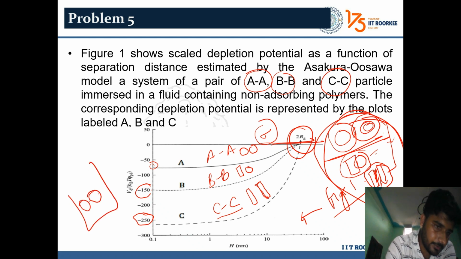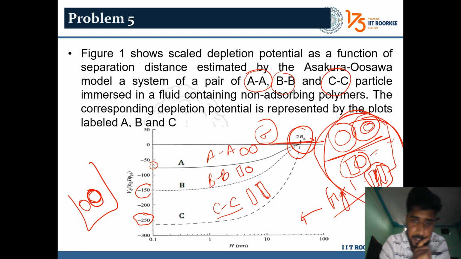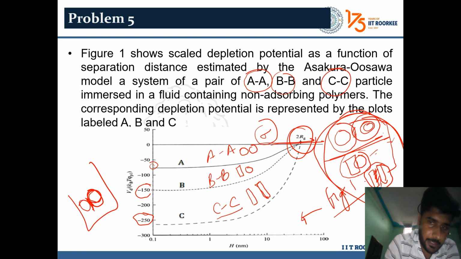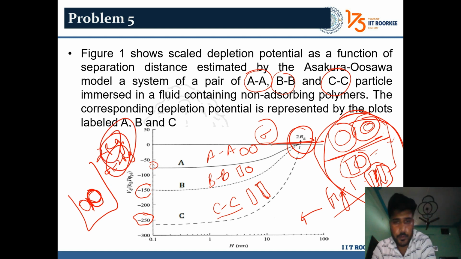Here the suppression distance is so less, there is no polymer in between, so you will get the depletion potential at the 2Rg value, that is the sigma value.